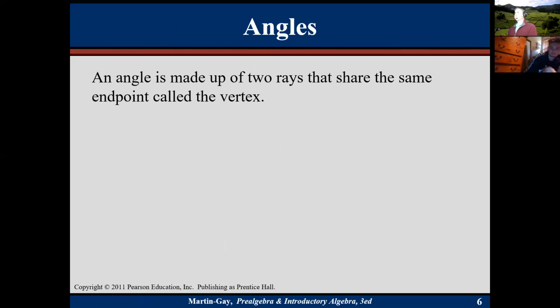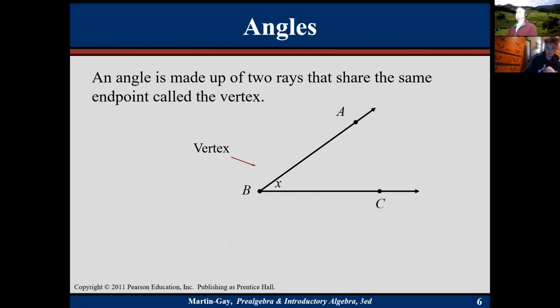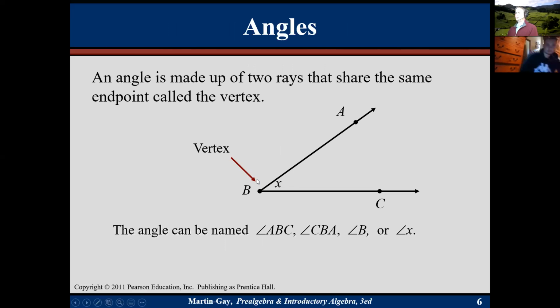Now an angle is made up of 2 rays that share the same endpoint called a vertex. So here's the vertex, and we encountered these when we talked about triangles and about supplementary and complementary angles, which will be addressed in just a minute. We would call this angle ABC, and you could also call it CBA, but by convention, B is the middle point, always the vertex.